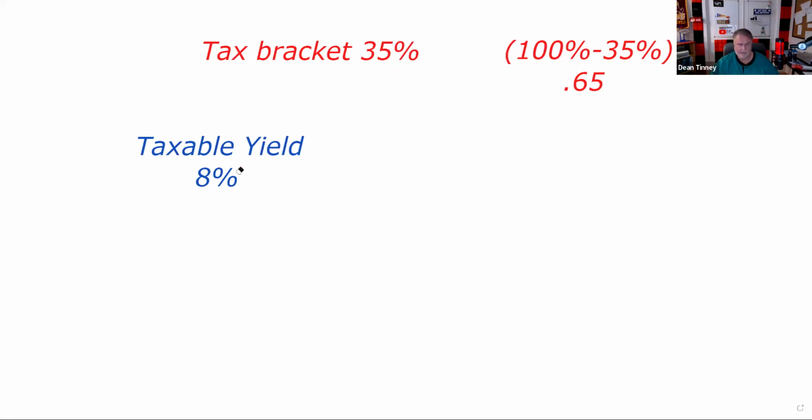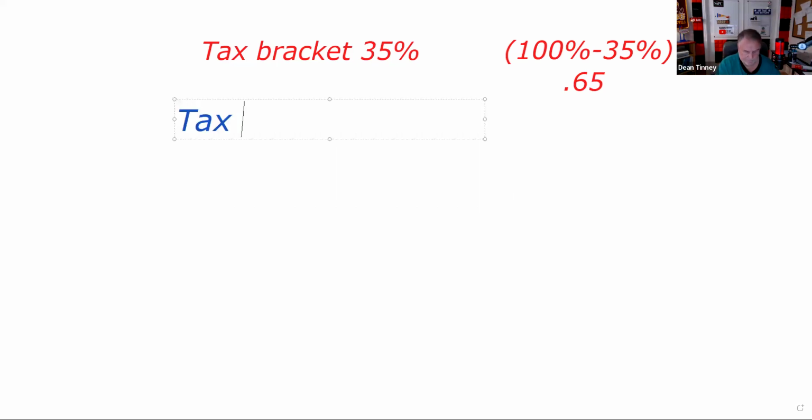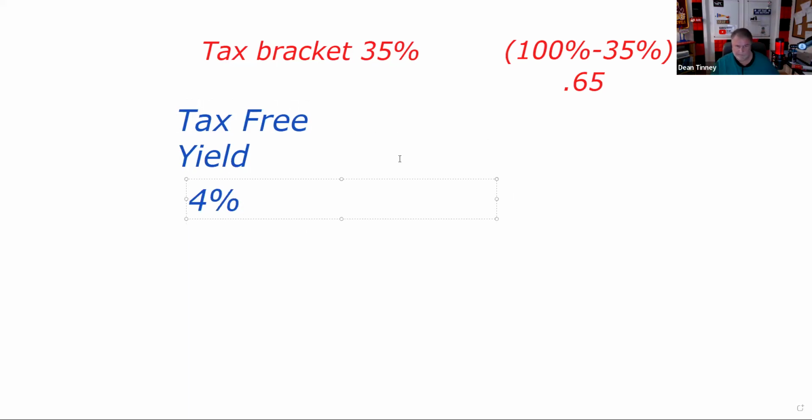So now we say on the test, we're considering buying a tax-free bond. And maybe we say the tax-free bond, the muni bond, has a coupon, a nominal yield, of 4. And it's not fair to compare a 4% muni to a 7 or 8% taxable bond. We can't compare apples to oranges. We've got to make fair comparisons. Now, if this is the one they ask you to do, then we're going to divide.